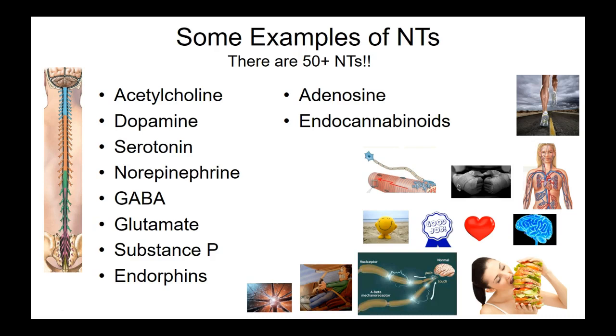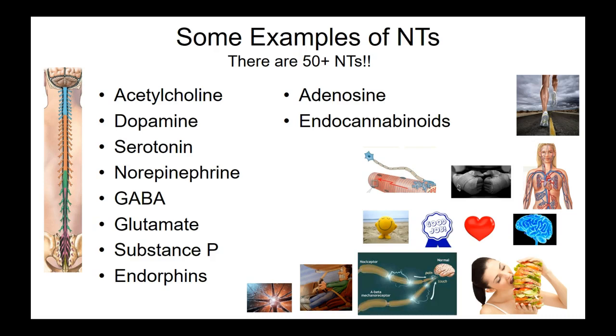The other two in here, GABA, and once again, this is an abbreviation, so if you want to know what the actual chemical name is, let me know outside class, happy to tell you. This is the main inhibitory neurotransmitter in the central nervous system. All right, so GABA is the main inhibitory neurotransmitter in the central nervous system.